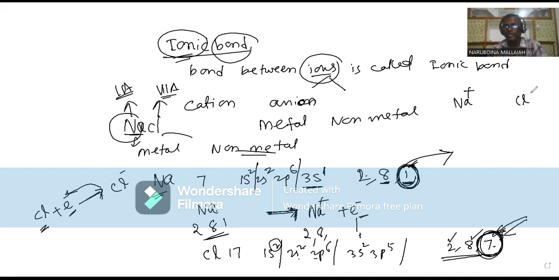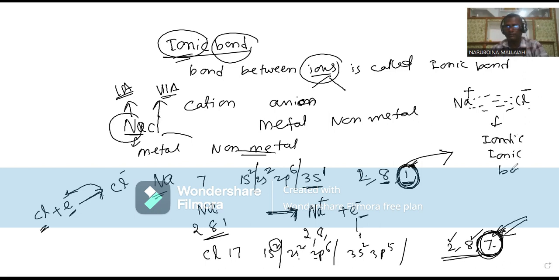Chlorine, by gaining 1 electron, becomes a negatively charged particle. Between these two charges, this is the cation and this is the anion, we have forces. These forces are called ionic bond.